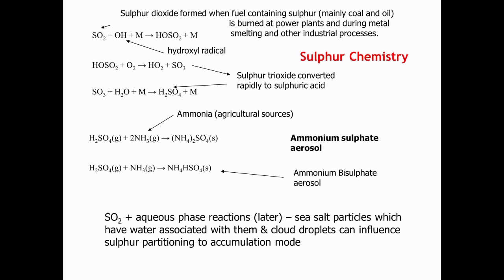HSO2 reacts with water to give you sulfur trioxide. Sulfur trioxide plus H2O plus M, what sort of reaction is that? Another termolecular reaction, so it's pressure-dependent. And that forms sulfuric acid.